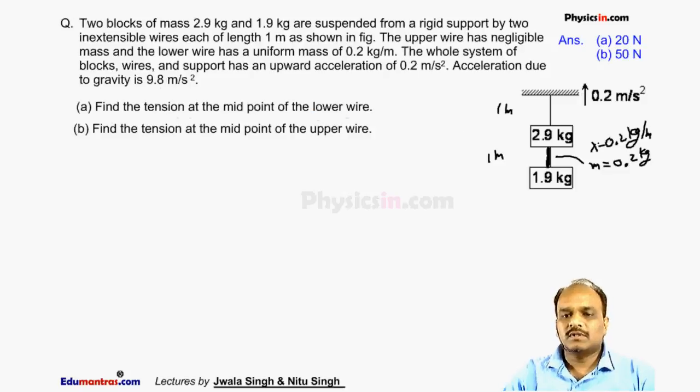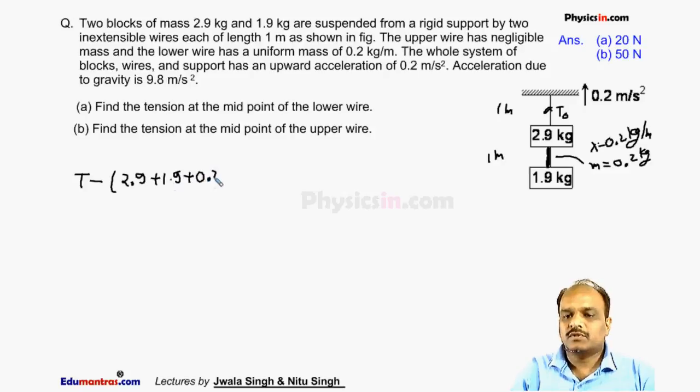Now we have to calculate the tension at the midpoint of the lower wire, means here. Let the tension here be T naught. So T naught minus mg, where m is 2.9 plus 1.9 plus 0.2, the total weight of this.